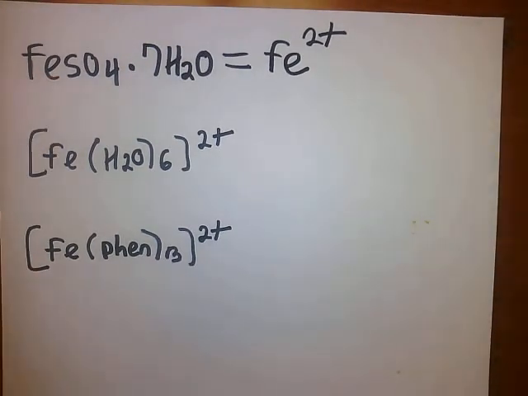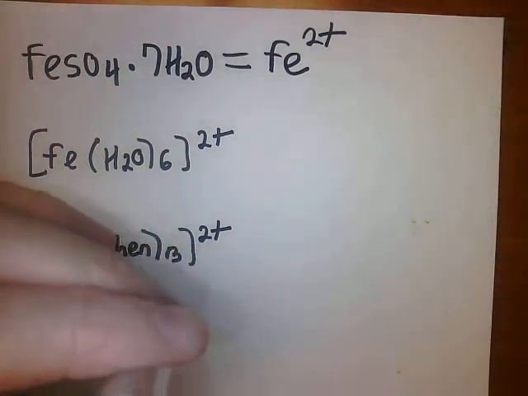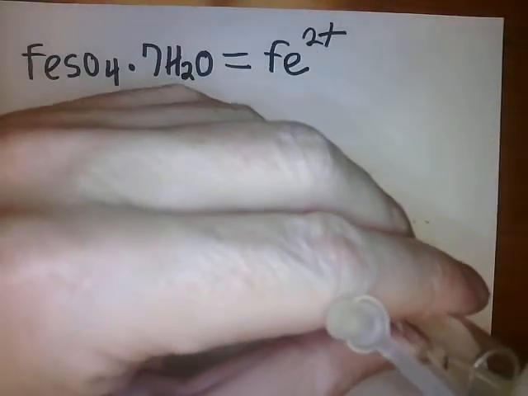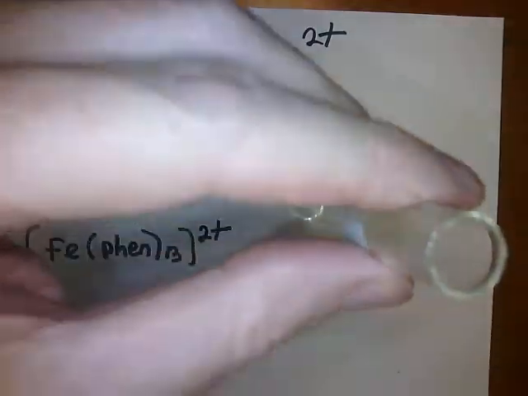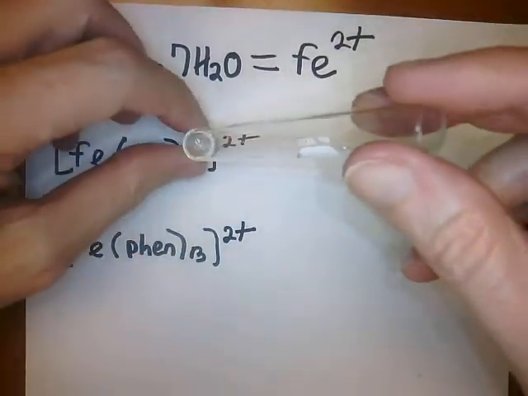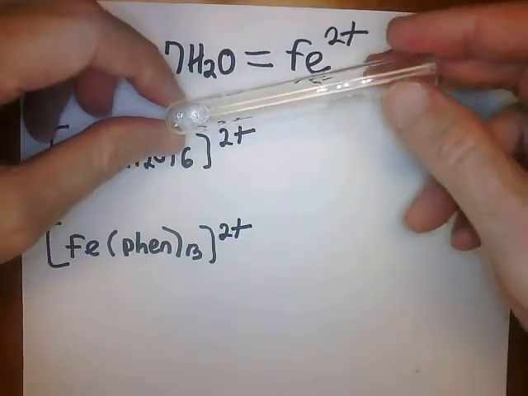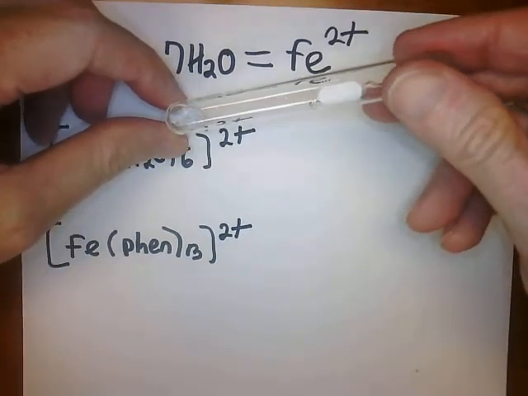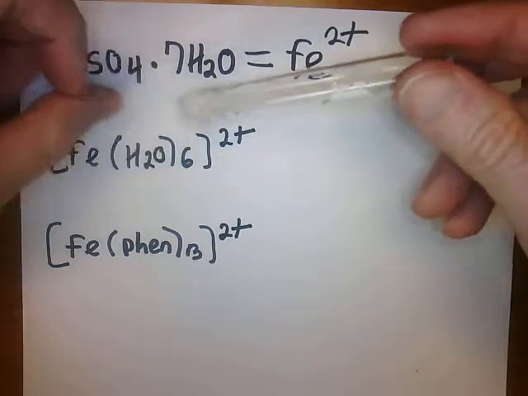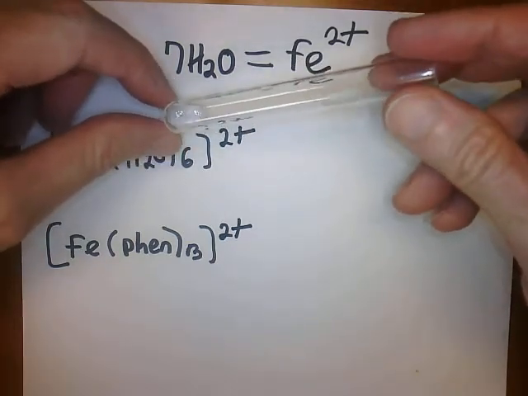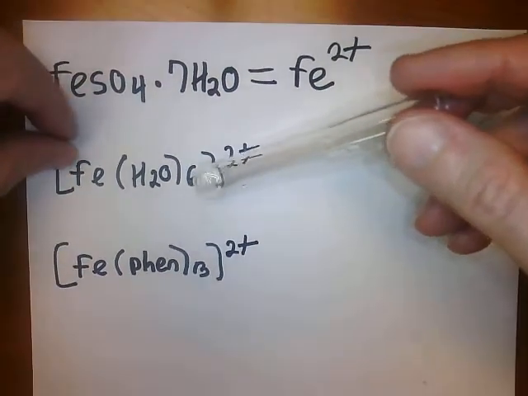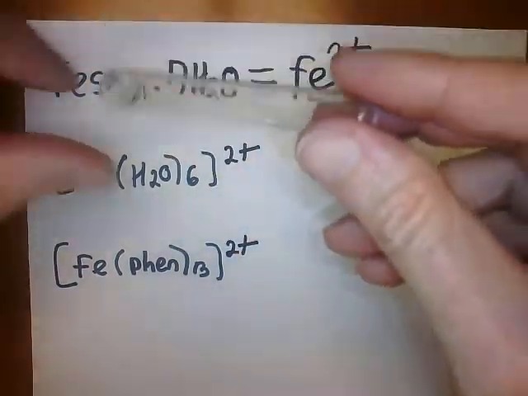Alright, so this first tube, I will simply add some water to it. And you're going to see not a whole lot happening here. No big color change. Basically, you're just dissolving it in water. In fact, the solution would have to be pretty concentrated for you to be able to tell that it is colored at all.